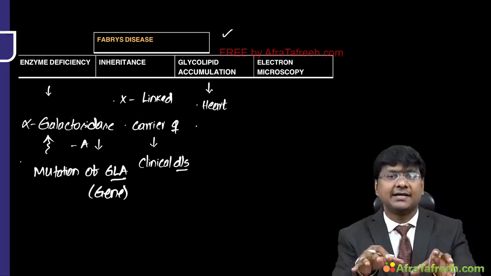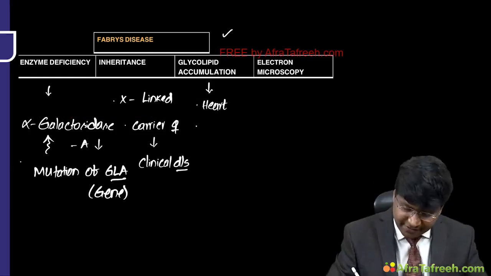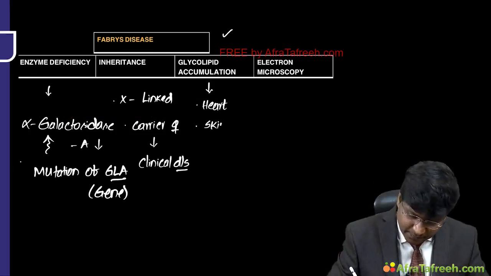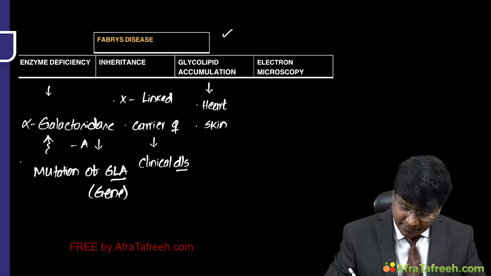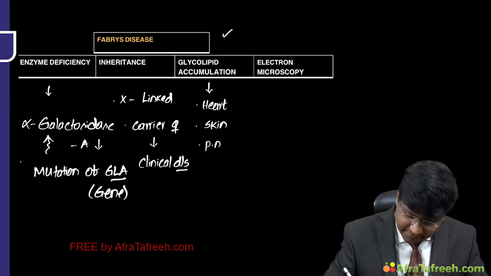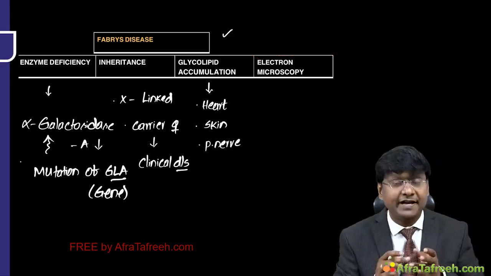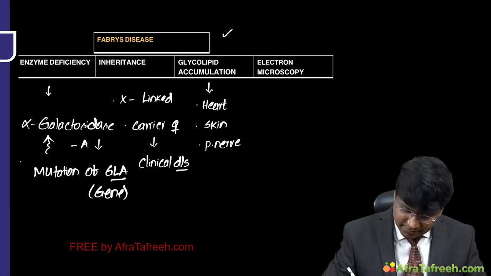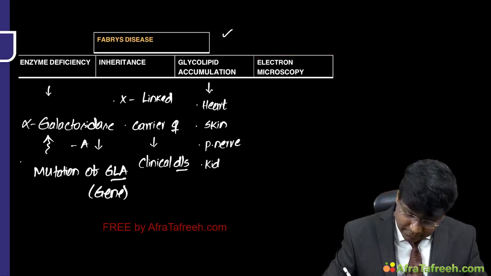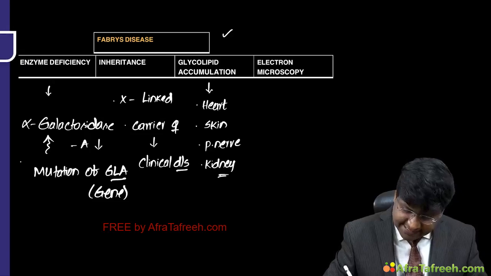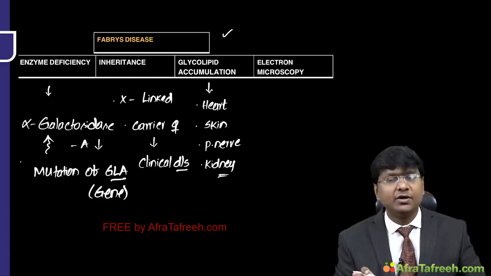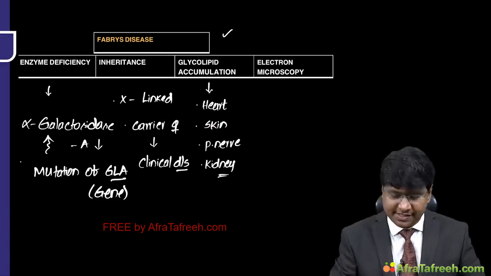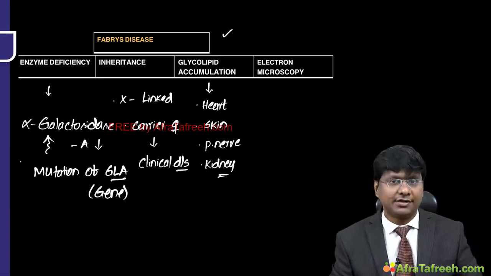Not only in the heart, the other tissues which are affected are the skin, then the peripheral nerve, next is the kidney. So the glycolipid accumulation in case of Fabry's disease occurs in all these organs.